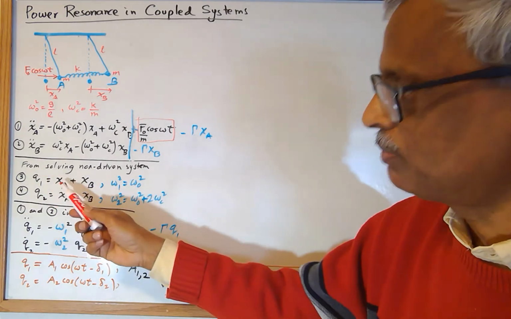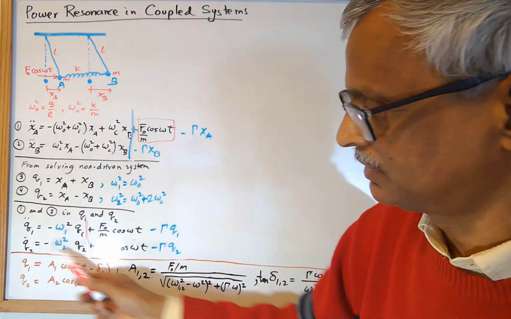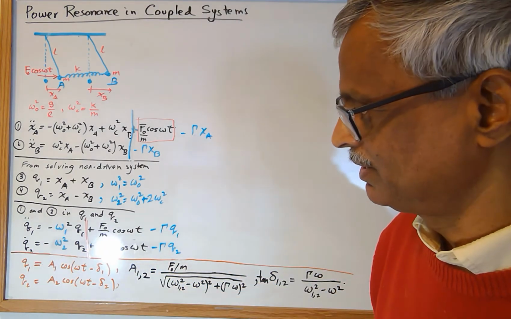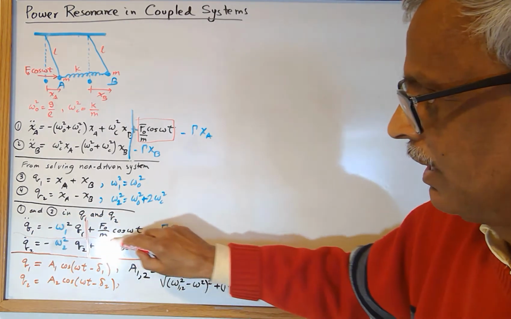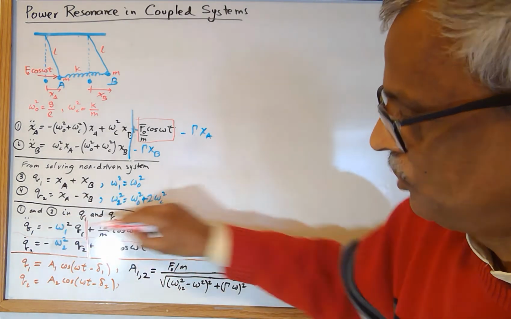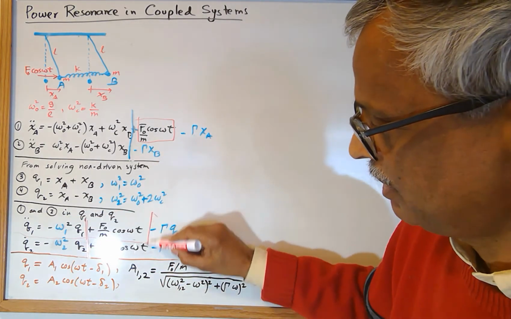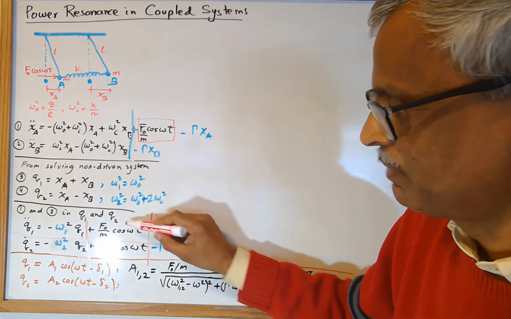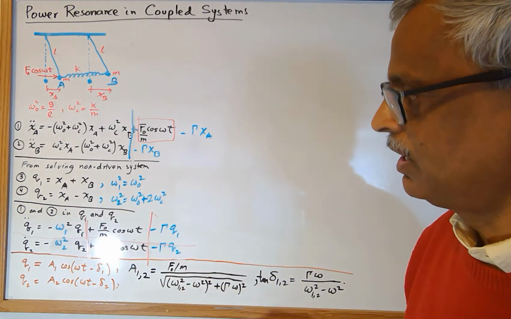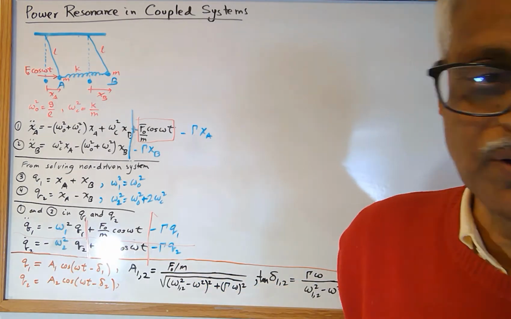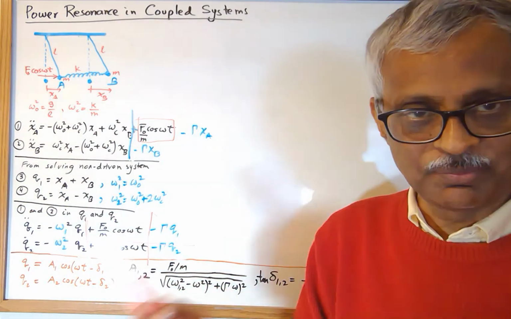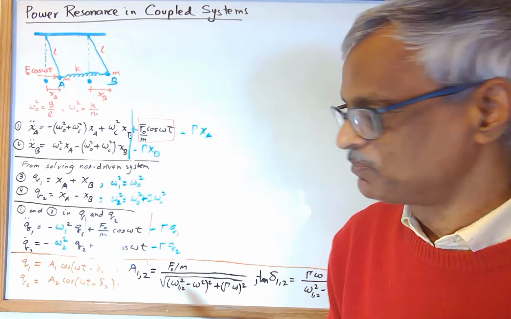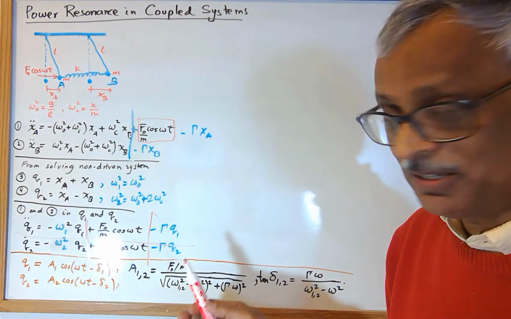If these are the normal coordinates, I get separate harmonic oscillators. In addition, what I get for Q1 is a driven oscillator. For now, just ignore the damping part. Q2 is also a driven oscillator, but it's a single oscillator, and a single driven oscillator we already studied. So it's pretty cool.